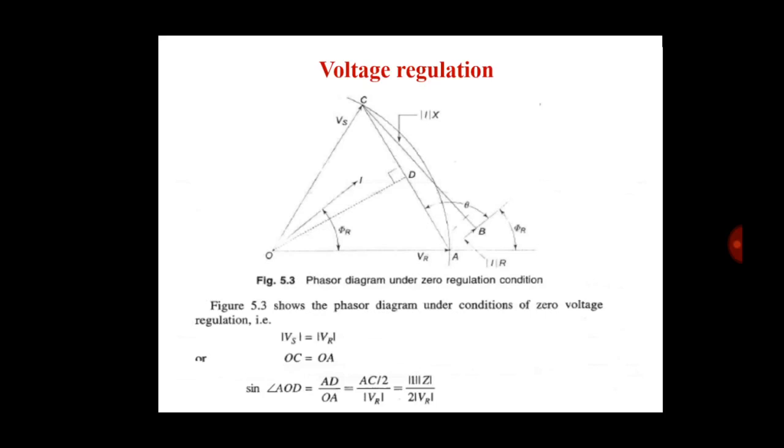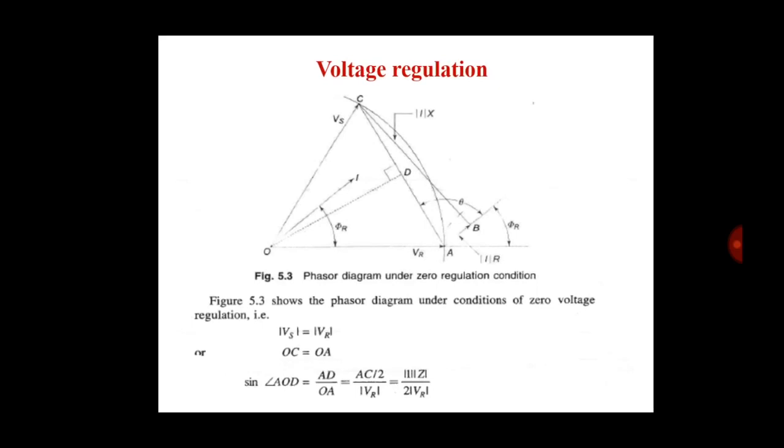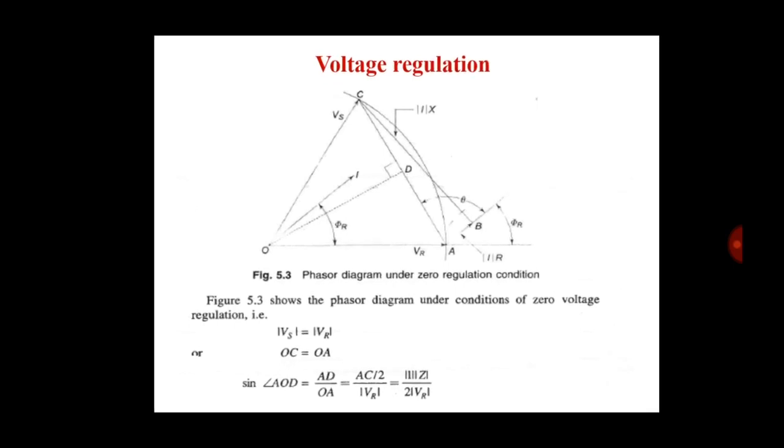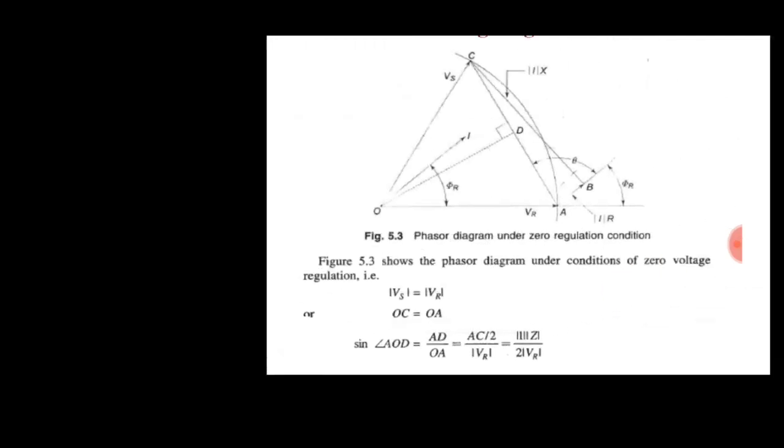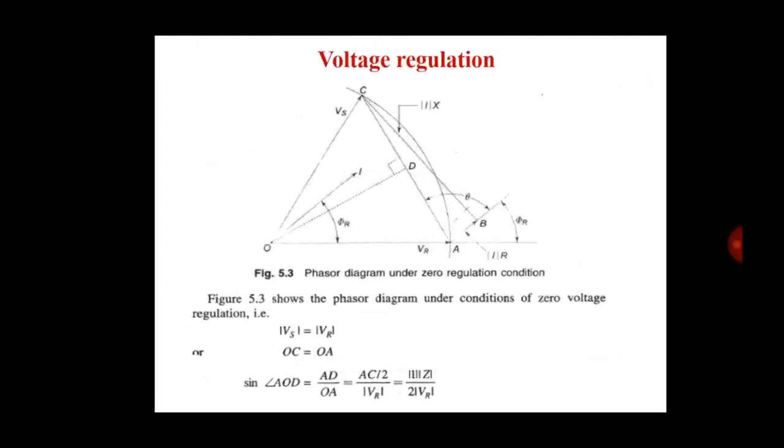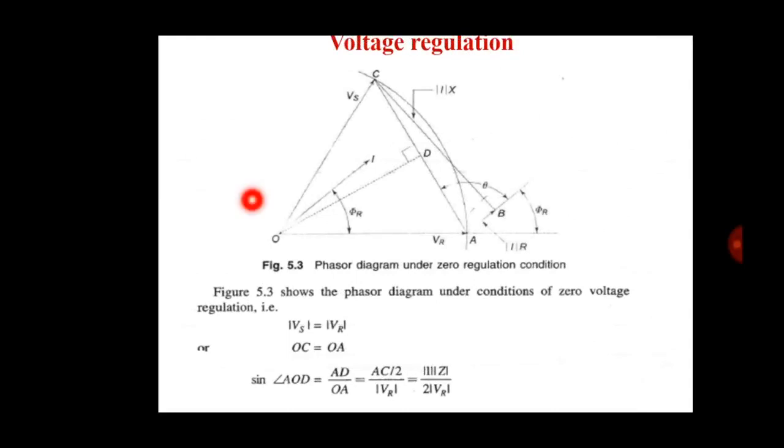Then IR for a leading power factor, I comes to the upward side. So here is IR, and at 90 degrees IX. So adding both IR and IX to VR gives VS.